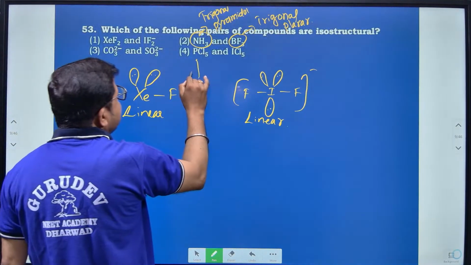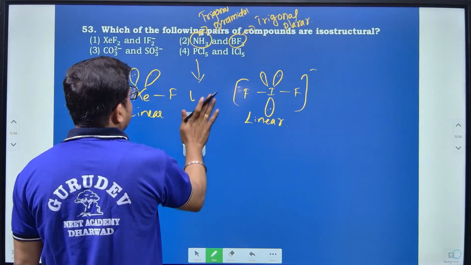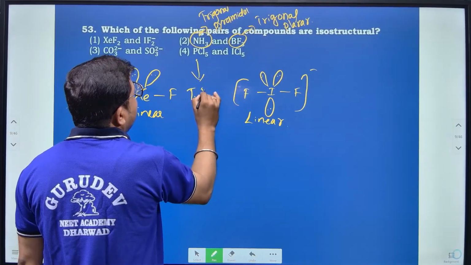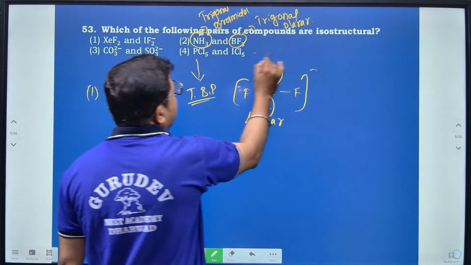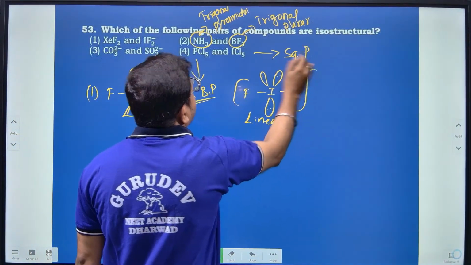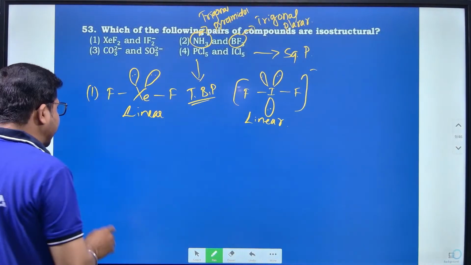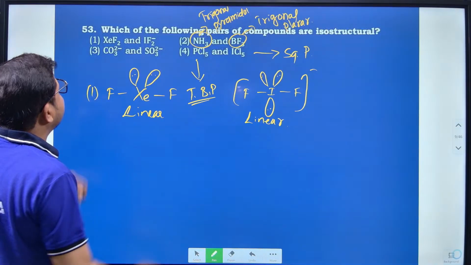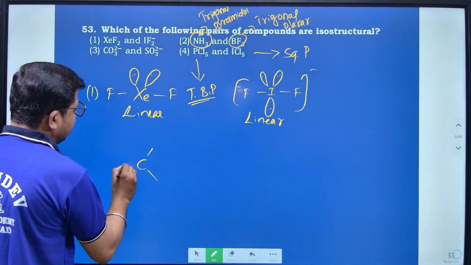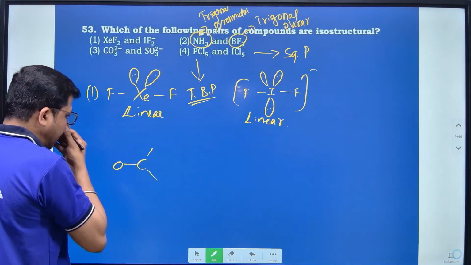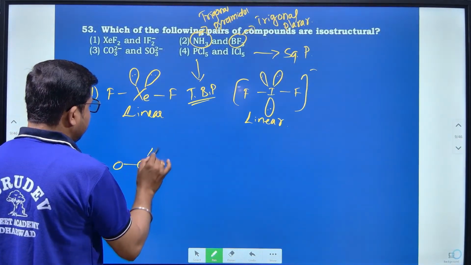And here PCl5 is trigonal bipyramidal, and this one, ICl5, is square pyramidal in structure. And here CO3 2 minus, this is the structure of CO3 2 minus.